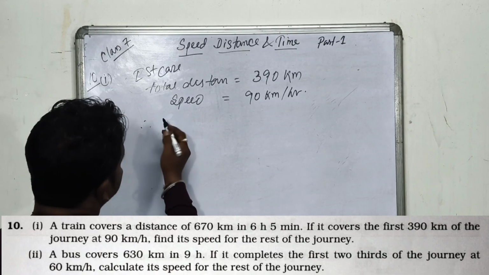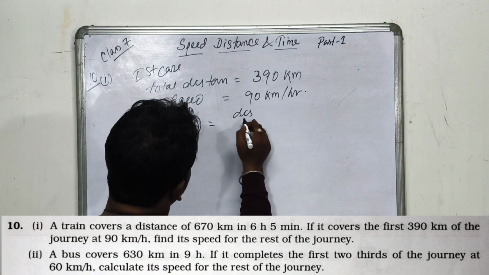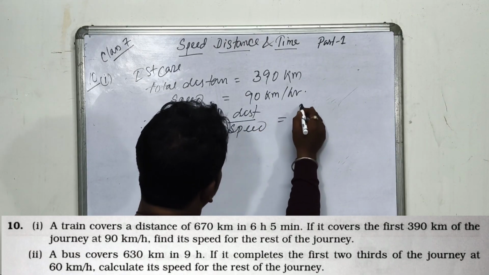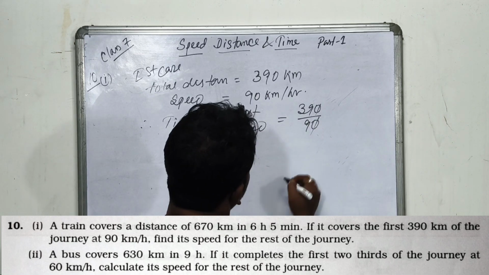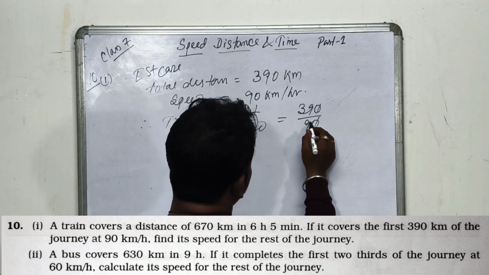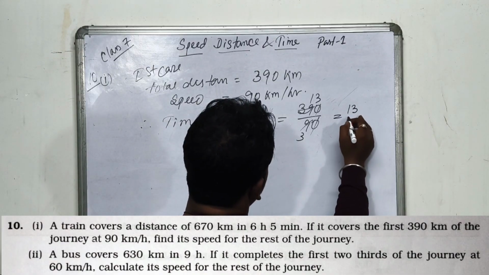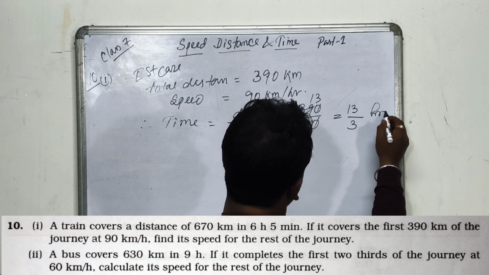Therefore, the time taken, time equals distance by speed, that's 390 divided by 90, which is 13 by 3 hours.